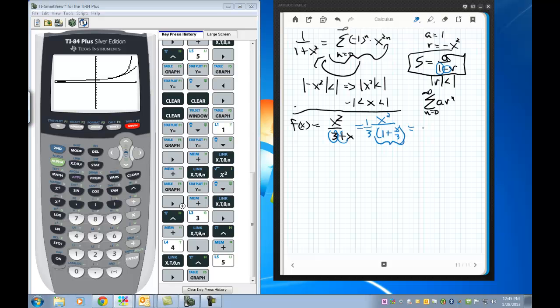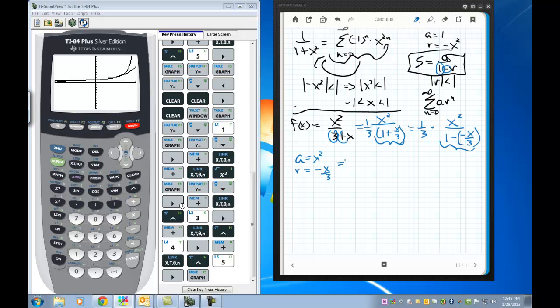I'm going to write it as 1/3 times x squared over 1 minus negative x thirds. Guess what I got? Ignore the 1/3 for just a sec. Bear with me. We'll just deal with this. All right? Notice, I'm just going to let a be x squared. I'm going to let r be negative x thirds, right?